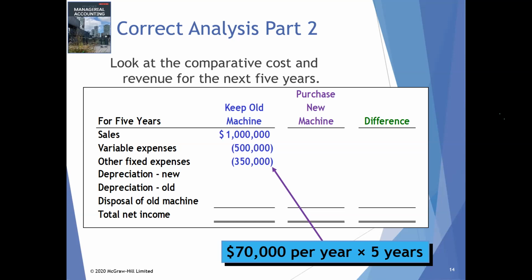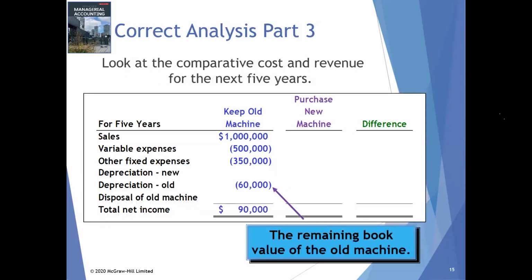It means in 5 years, we are going to put $60,000 as depreciation every year. So minus 60,000 as expenditure, we will consider it as the depreciation expenditure. It means the remaining book value of the old machine will be depreciated.